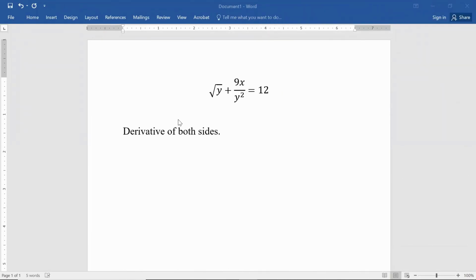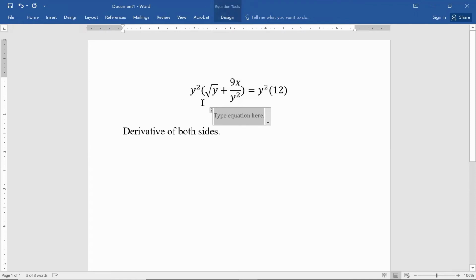Let's go ahead and do that. So again, before I'm taking derivatives, I'm going to rewrite. So I'm going to multiply the left-hand side by y squared. And then I'm going to multiply the right-hand side by y squared as well. Remember, the square root of y is the same as y to the 1/2.